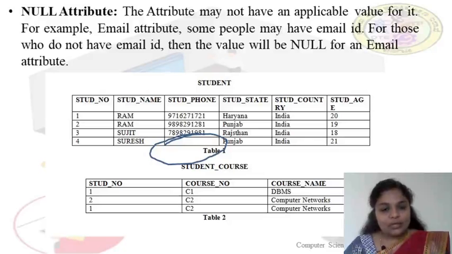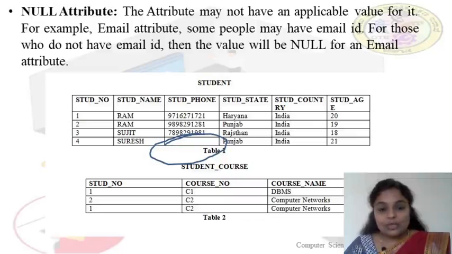Is it allowed to have two rows with the same name? Yes, it's allowed. Why? Because in the first row, the student number or roll number of Ram is 1 and he is from Haryana.